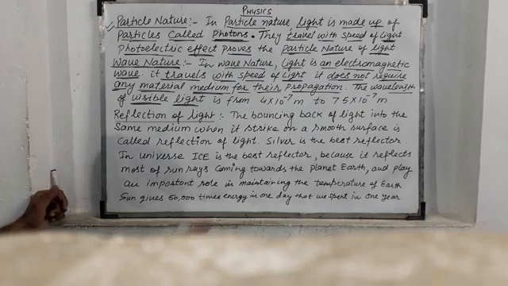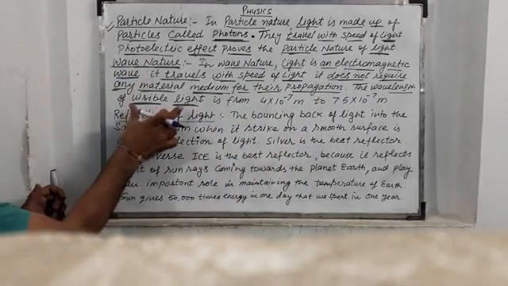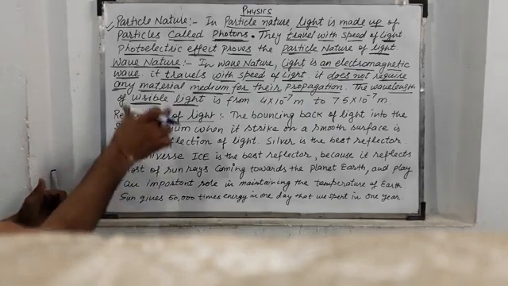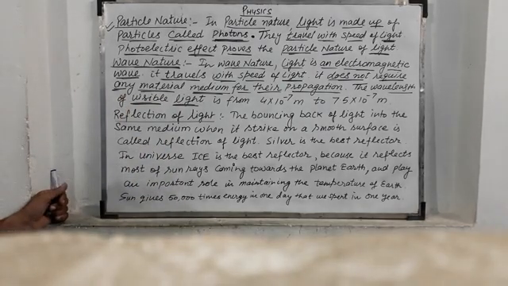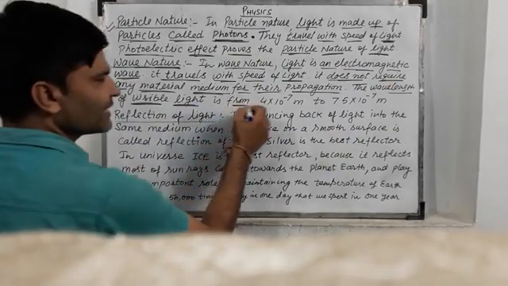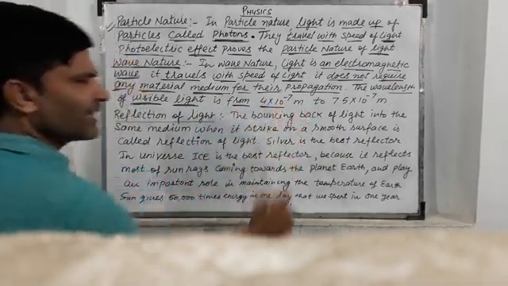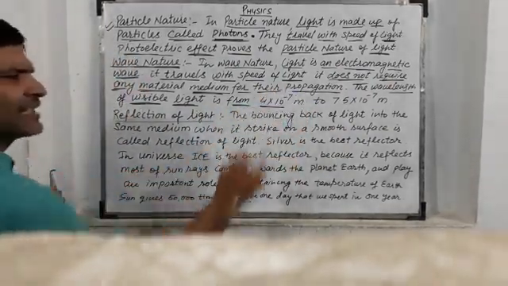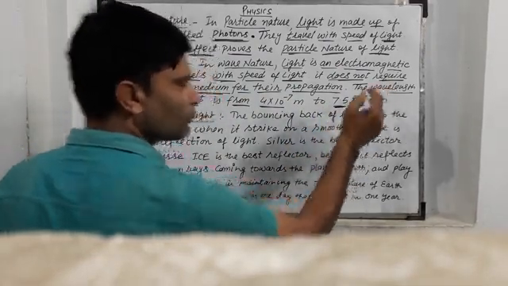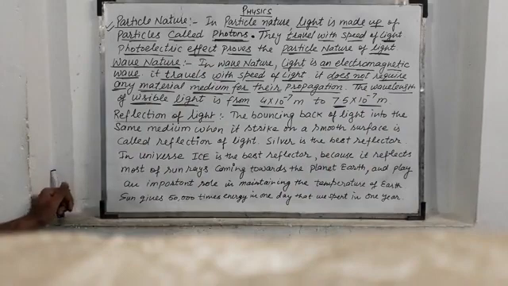With the help of the visible part, we can see the colorful world and the objects. The wavelength of visible light is from 4 into 10 to the power minus 7 meter to 7.5 into 10 to the power minus 7 meter.